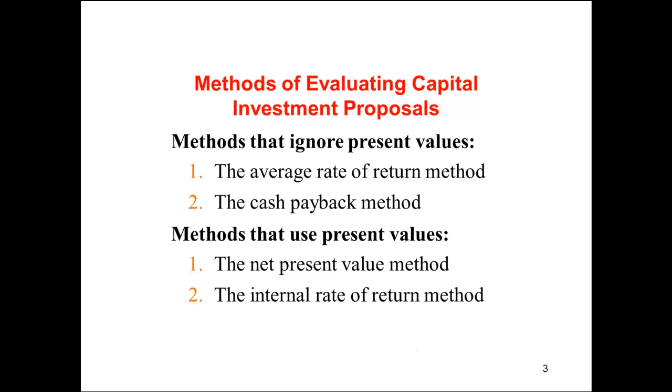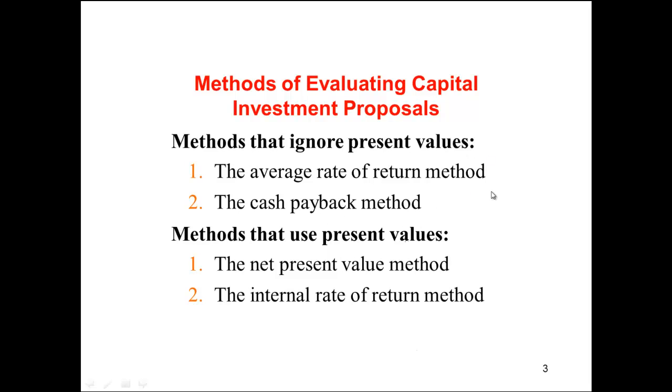And the 2 methods over here that use the present value do take into account present value or the time value of money. So the net present value method and the internal rate of return method both are going to incorporate the use of present values. These top 2 here are going to be easier to use, but they're going to be a little less exact, right?